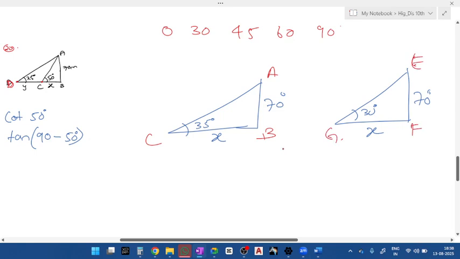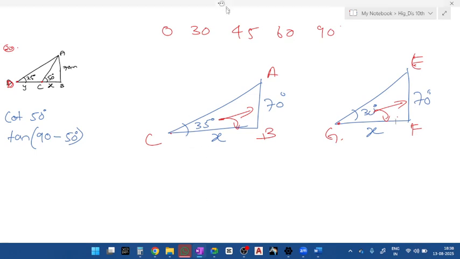In both the triangles, what are the two sides given? From angle C and angle G point of view, what are the two sides given? Perpendicular and base. Right? Perpendicular and base is given.